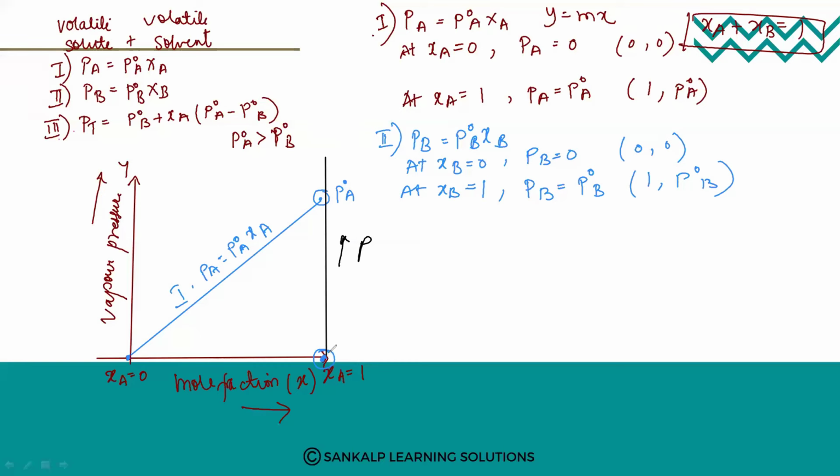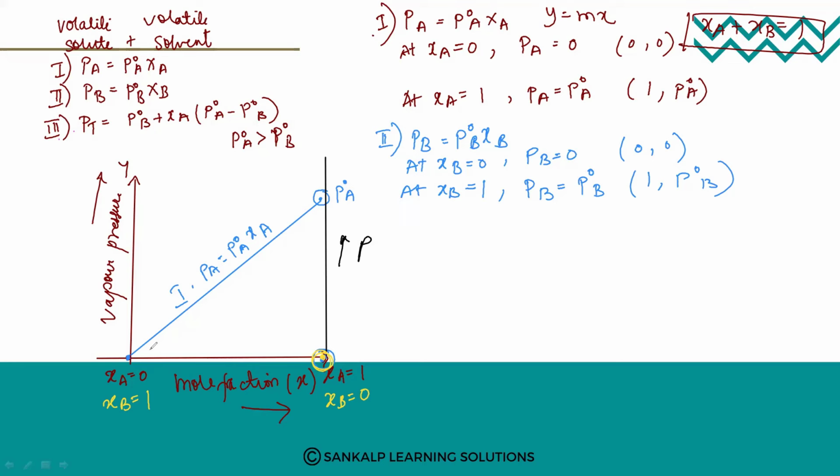So at psi B is equals to 0, it will be here, this point. I'm drawing with yellow. So your condition is psi B equals to 0 and here it will be psi B is equals to 1. When psi B is equals to 0, then PB will be equal to 0, so this will be at origin.